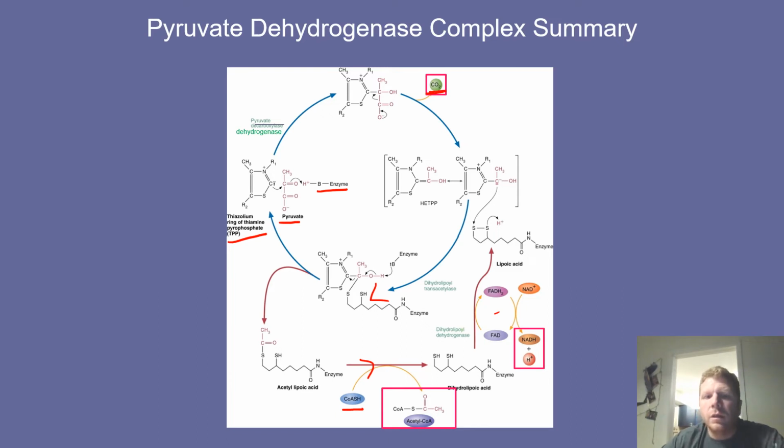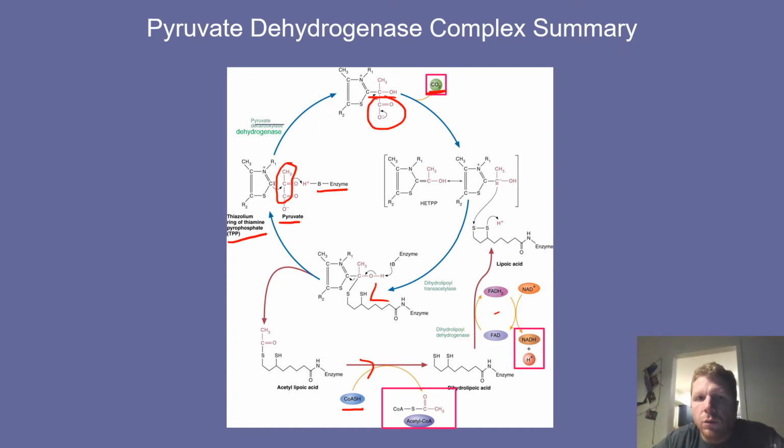Okay, so what that means is that the three carbons of our pyruvate molecule right here are positioned so that they form a covalent bond with TPP, enabling a decarboxylation event to occur.